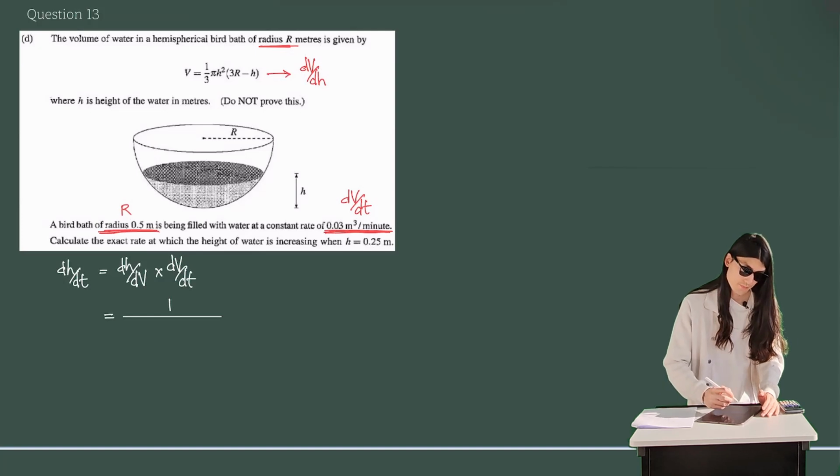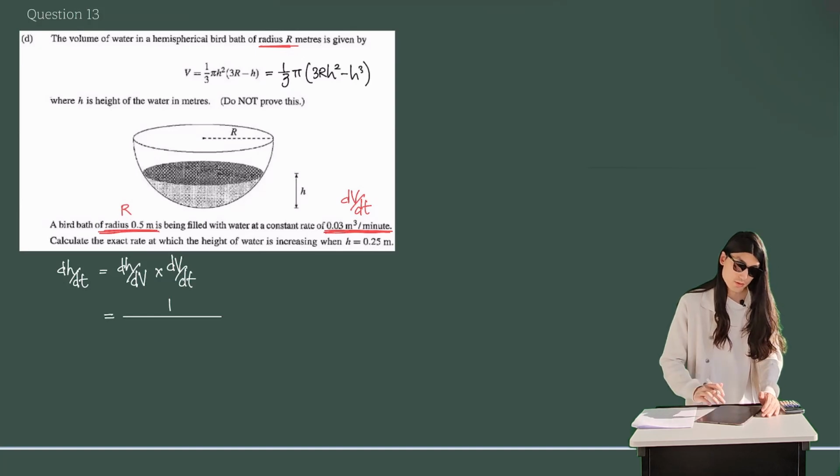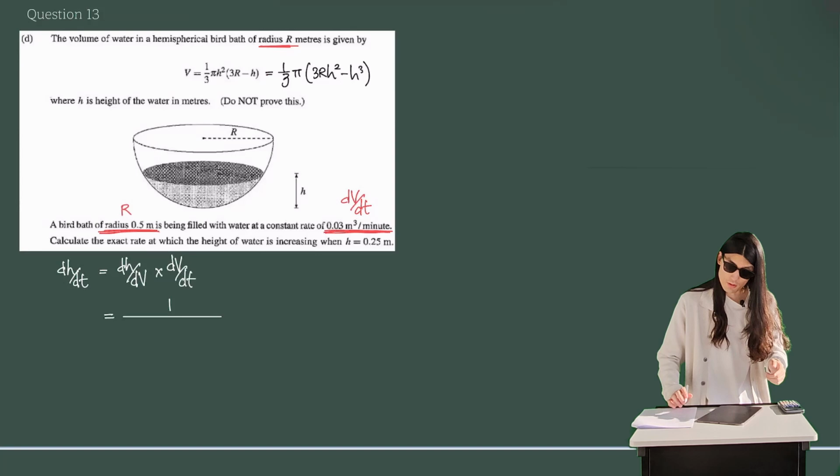Derivative of this v at the bottom. Okay, this v, by the way, is 1/3 pi 3rh squared minus h cubed, isn't it? I'm going to put the derivative of that at the bottom to take the reciprocal.